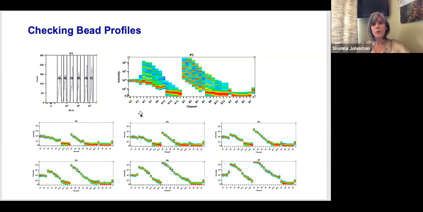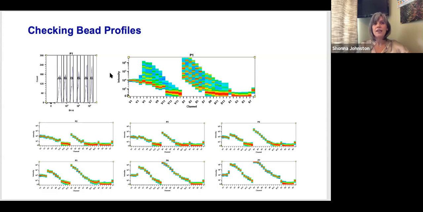That's what's more important for compensation. So when we're normally picking out the P2, which should be our negative beads, and the P7, it works absolutely grand on filter-based systems.